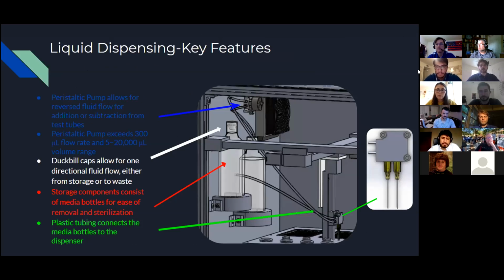That would be easily done. You would have to stop the process and remove the bottles, and you could replace it with a sanitizing solution and pump it through, and then replace your culture medium and hook that back up to the pump, but it wouldn't be an automated process.